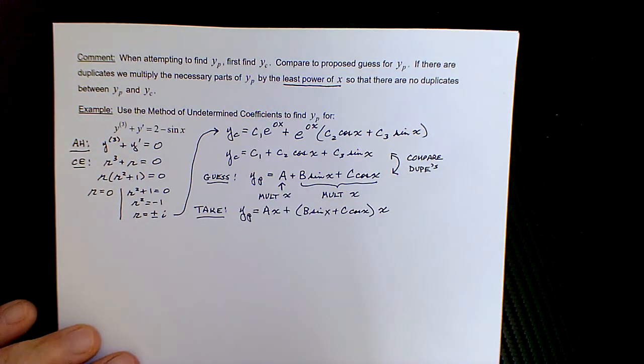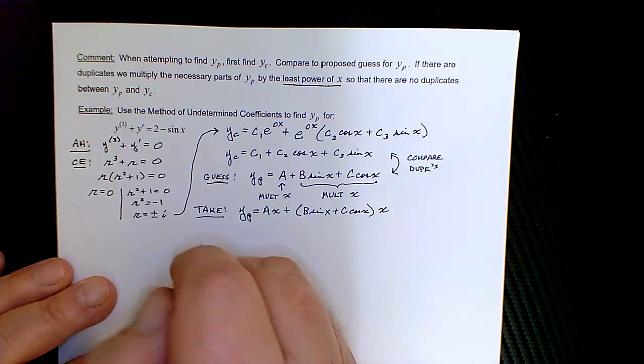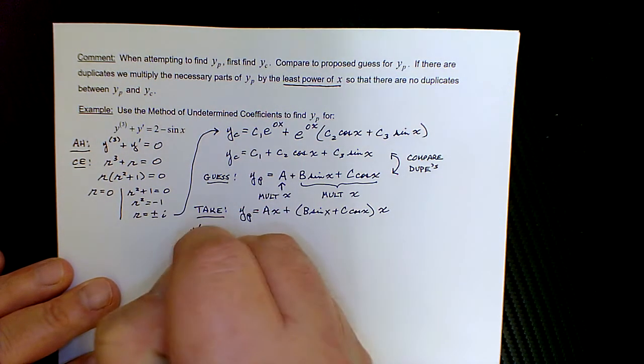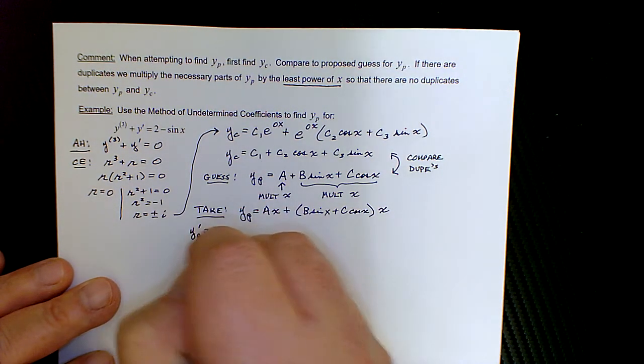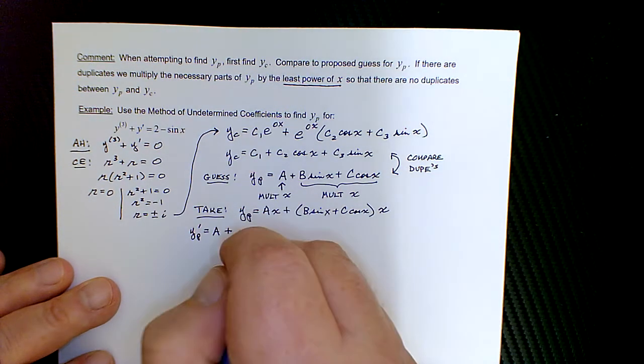Now routinely we'll find some derivatives. Looks like we have to go all the way to the third derivative here, so this might be a little tedious. So let's see, y sub p prime would be derivative of ax, a, plus derivative of this requires the product rule.